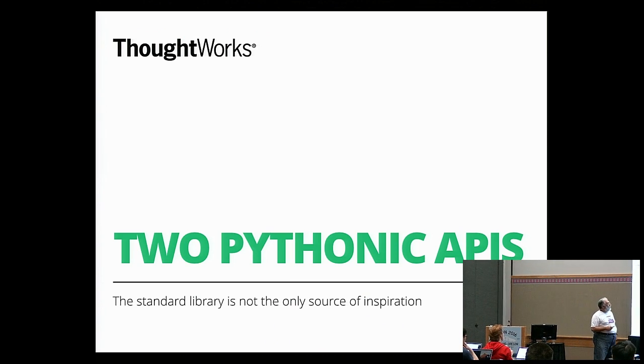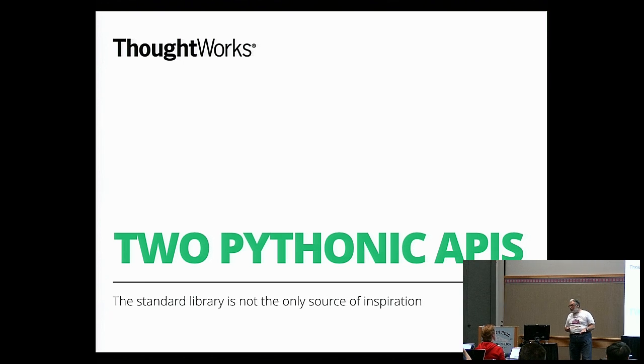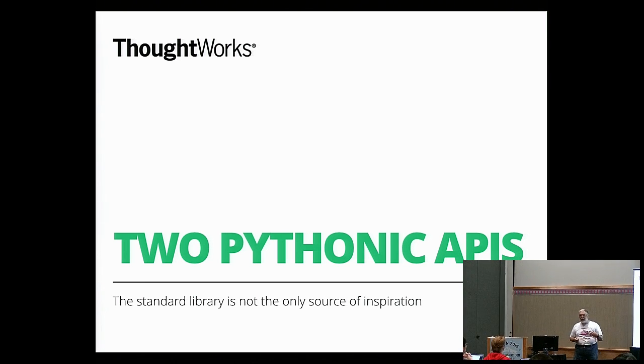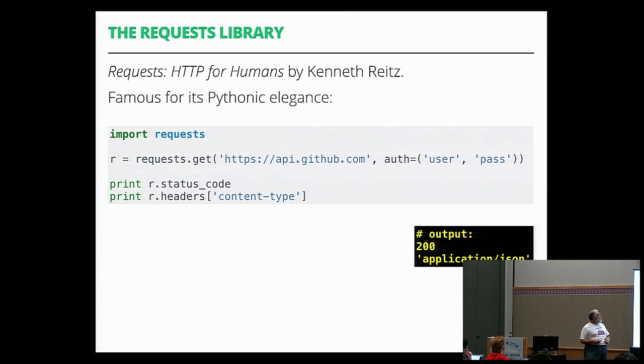And let's see two examples of APIs that I find really Pythonic. Of course, the standard library has many Pythonic APIs, but not every module in the standard library is the best example of a Pythonic solution to that problem. And I'm going to show you two examples here. So the first one is requests.